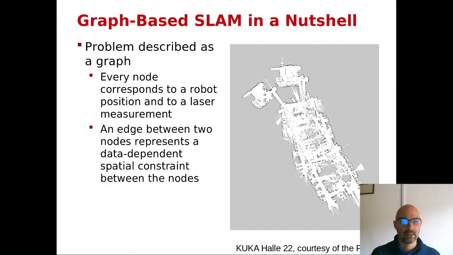So in the end, being able to construct such a graph, which means being able to calculate the relative poses between two nodes on the basis of the observations attached, and then being able to optimize the whole graph would resolve the graph-based SLAM problem.